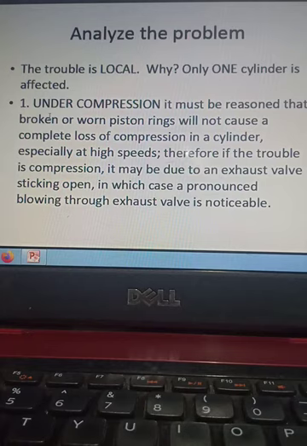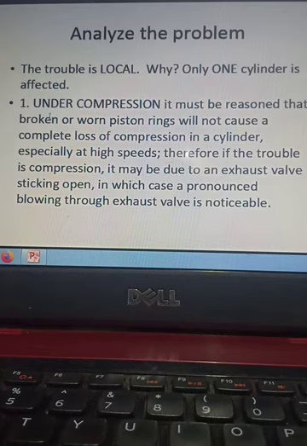So if it is local, a broken or worn piston ring, the bearings, or the gaskets cannot cause a complete loss of compression in a cylinder, especially at high speed. So there is a possibility that the exhaust valve is sticking open and does not return to close. If it is local compression trouble, the first problem is the sticking exhaust valve.